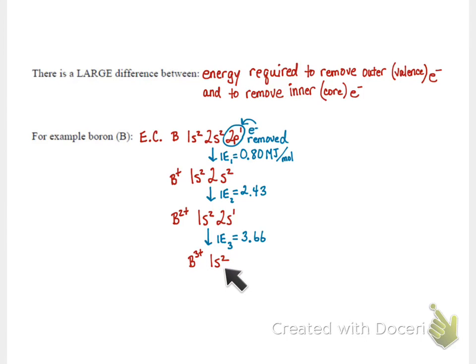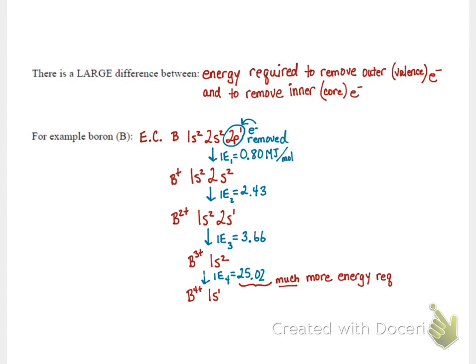But remember that these 1s2 electrons were my inner electrons to start with. They're the filled, closed shell. Now, if we want to remove an electron, it's like all the easy ones have been taken, and we have to remove an electron from an energy level that's filled, and they do not want to let go, so it's going to cost a lot more energy.